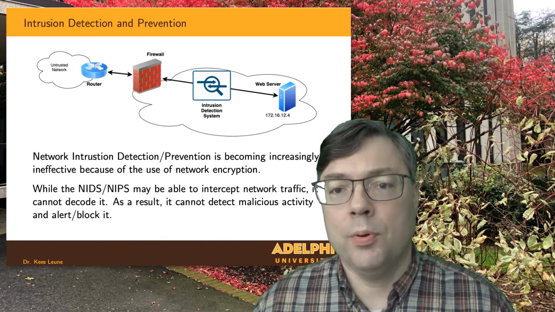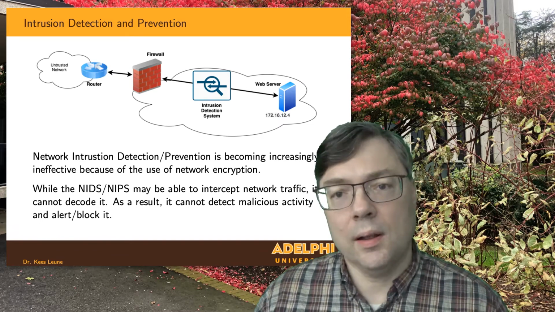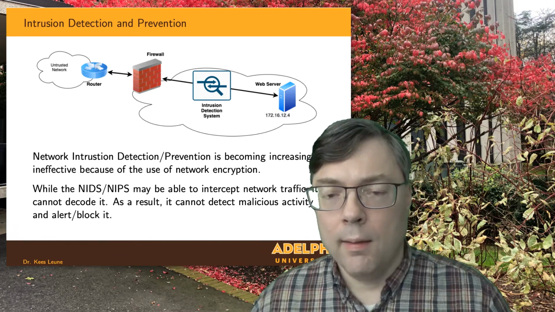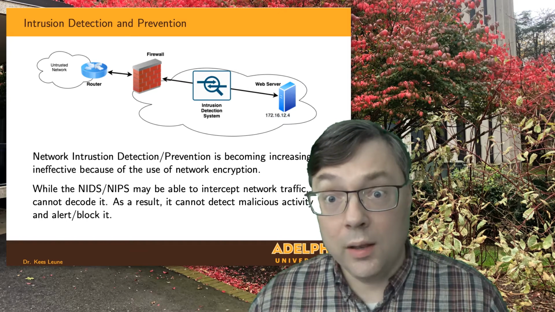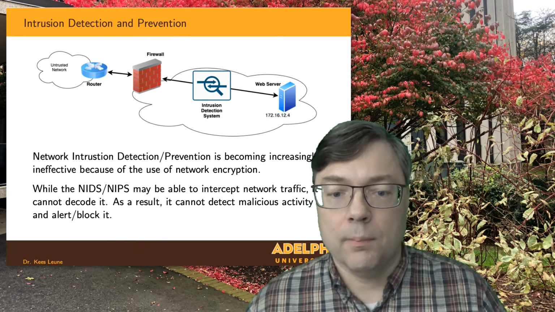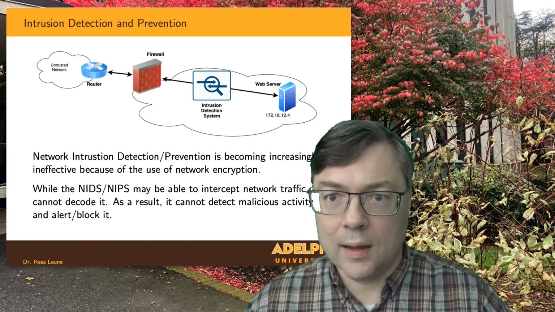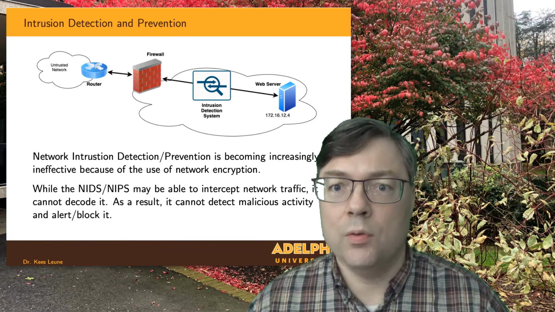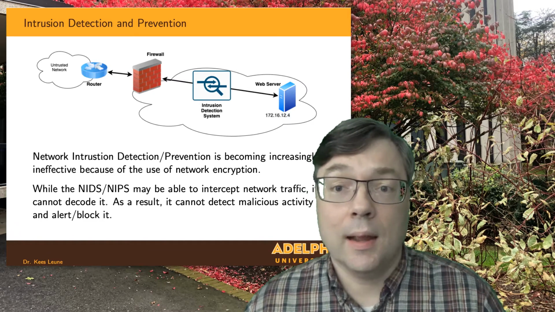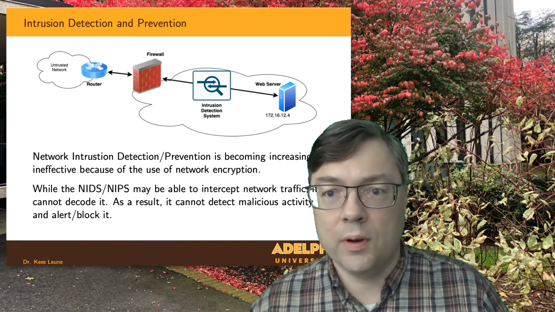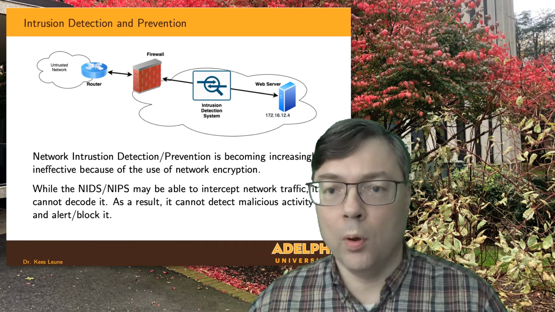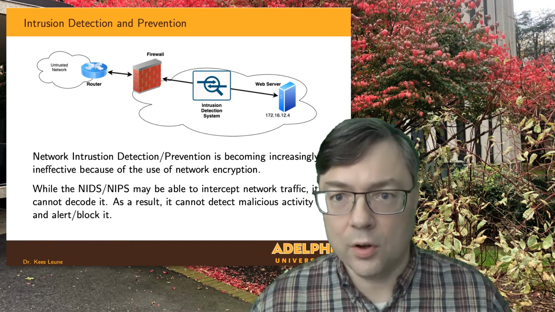But as I start putting on network encryption using TLS, transport layer security, all that stuff that's going on in the network is completely encrypted. And even though I can look at it, I can't figure out what it means. And that means I can't draw any conclusions as to whether this is good or bad, whether I should block or alert on it, or if I should have just let it go.